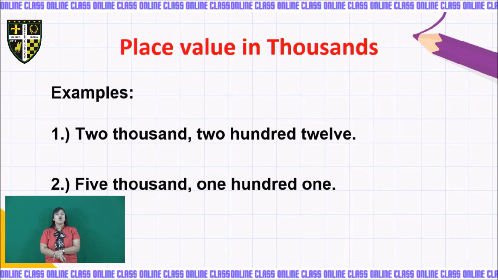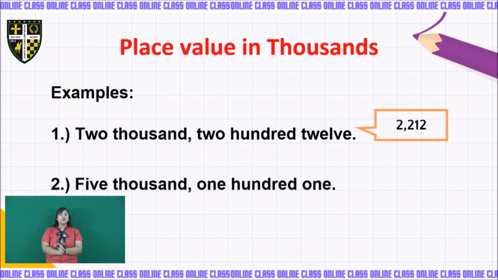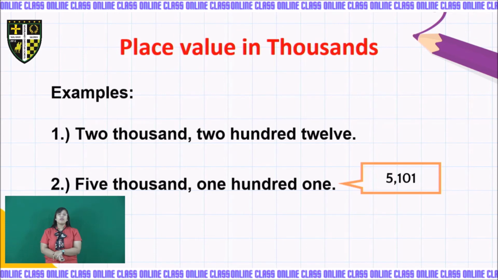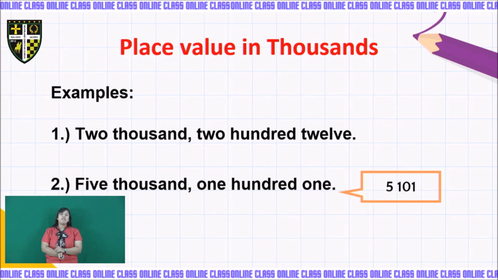So we have 2,212 and 5,101. For the first one, we have the answer of 2,212, or 2 space 212. The next one, we have 5,101, or 5 space 101.